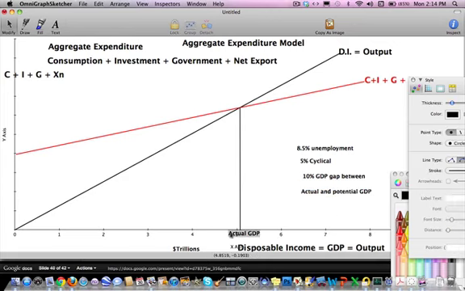And so in this case, even though our actual GDP is here, potential GDP actually might be here, closer to here, or maybe slightly lower because we're only looking at a 10% difference, so it might be here. So here's our actual GDP. Here's our potential GDP.